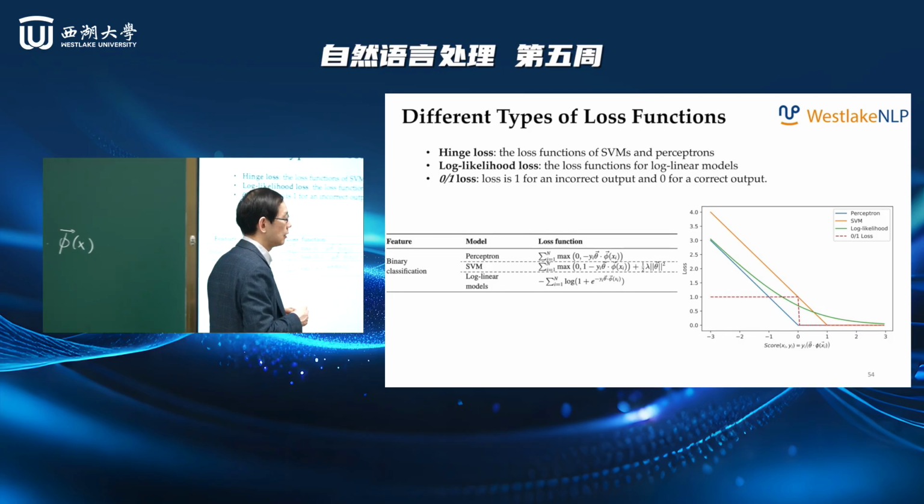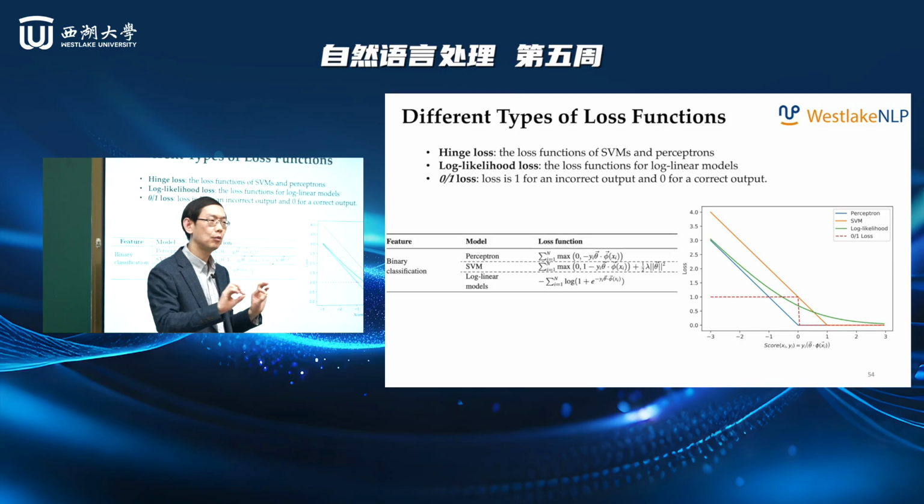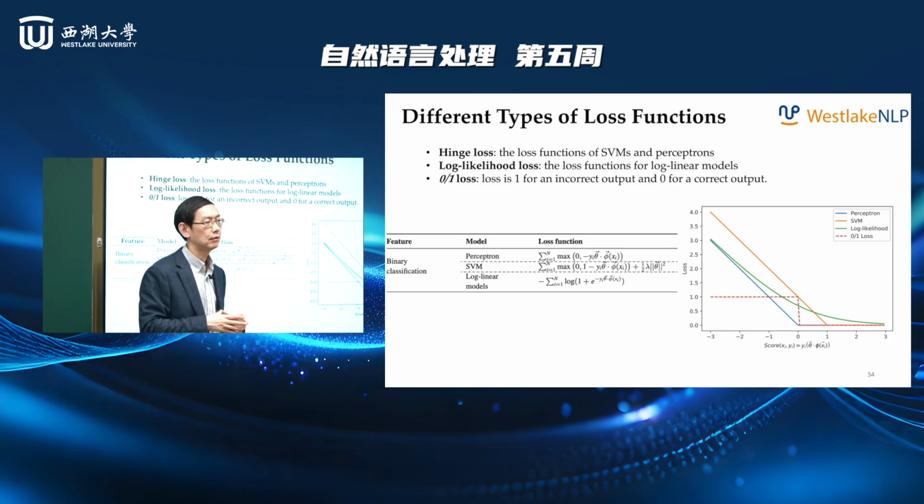I draw this for binary classification. You know, for binary classification, the higher the model score is, the less the loss function is, right? For SVM, you remember, when theta dot phi is greater than 1, the loss function is 0, right?